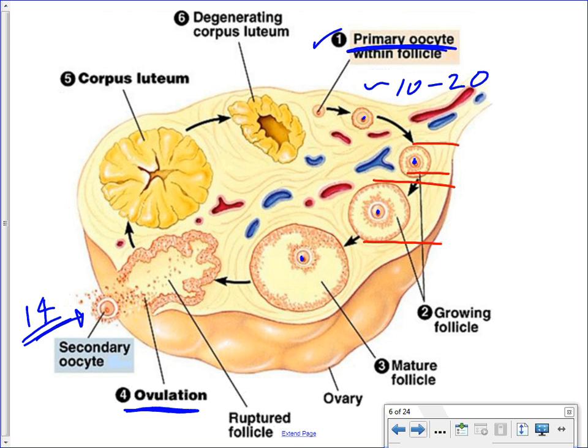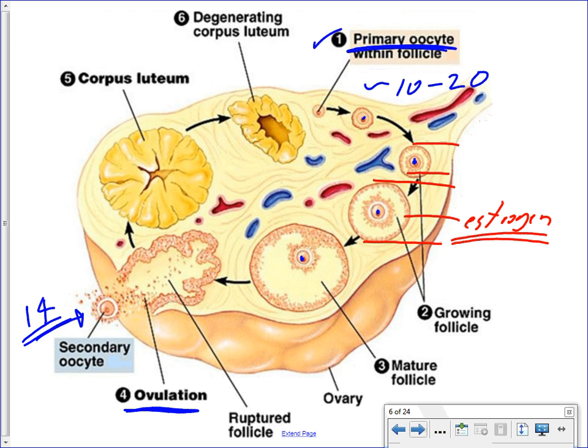As these cells are produced, what they are going to be doing, in addition to supporting the egg, the oocyte on the inside of the follicle, so they will be supporting that egg, but they're also going to be spitting out a whole bunch of the female sex hormone estrogen. The bigger the follicle, the more estrogen there is going to be produced.